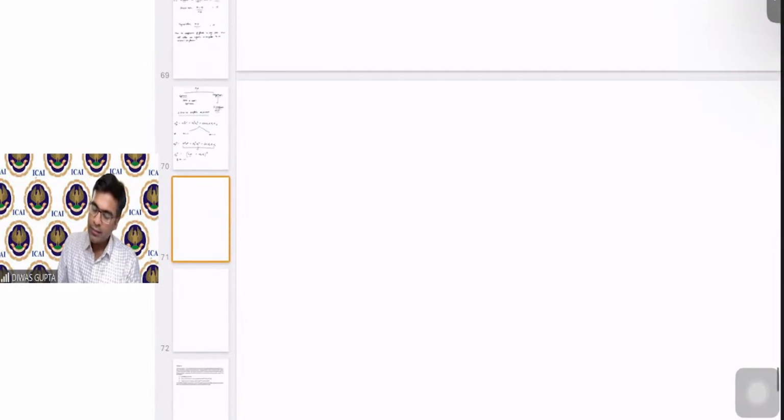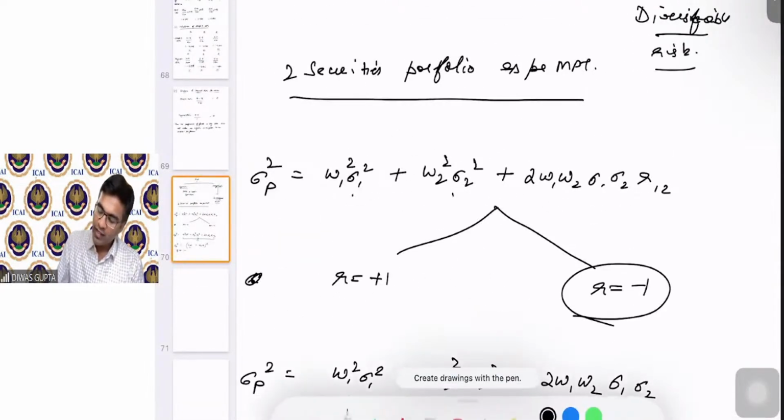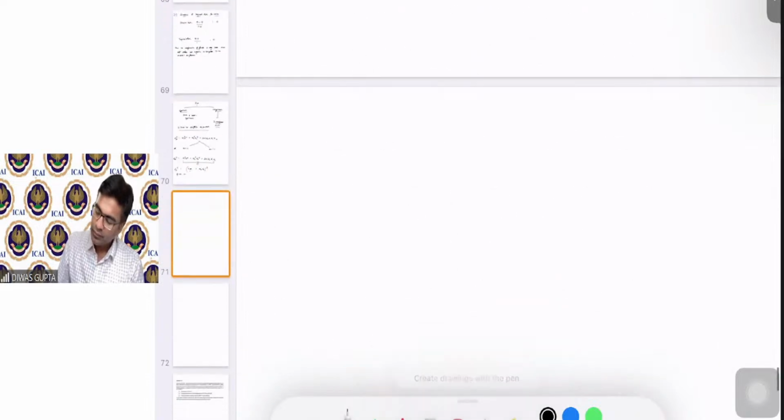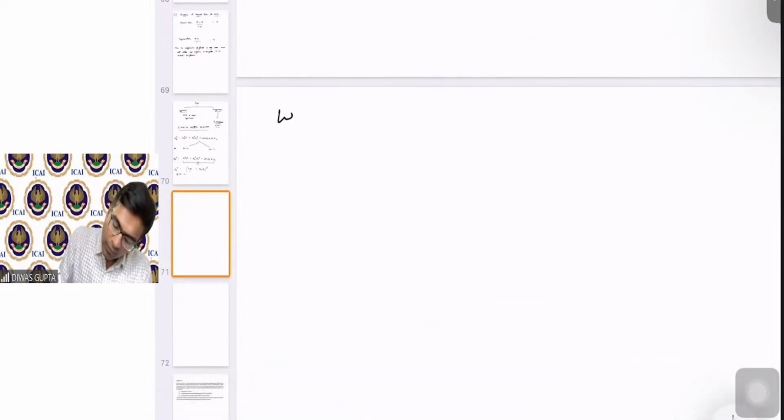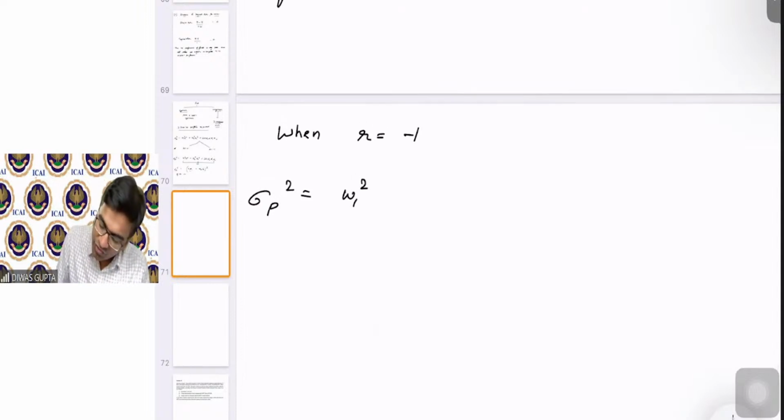Now, students, let's take an example of R is equal to -1. When R is equal to -1, can I rewrite this as weight 1 square, standard deviation 1 square, plus weight 2 square, standard deviation 2 square?